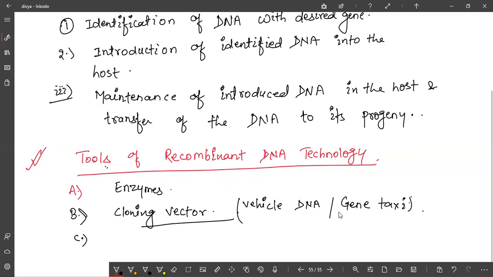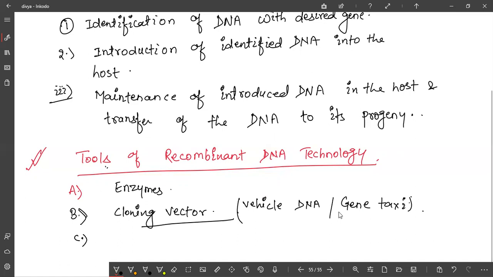That vector DNA will simply carry the DNA you have prepared. The most commonly used vectors are plasmid and bacteriophage. We will study about this. So the vector DNA will take the DNA you have prepared into the host. That's why it is also called gene taxi or vehicle DNA.